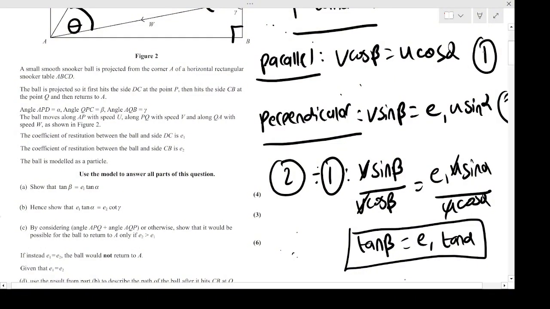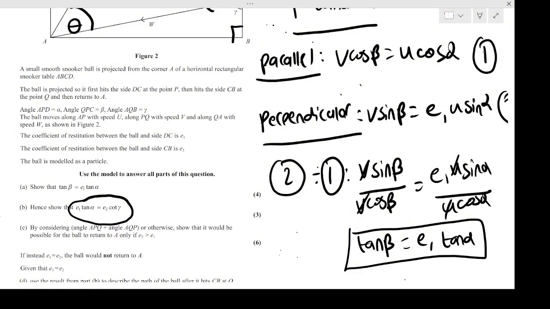Now, how am I going to get that? How am I going to link E2 and E1 together? Well, if I look previously, I've shown this equation here: E1 tan alpha is E2 cot gamma. That involves E2 and E1, and hang on, don't I have an inequality I've just got linking gamma and alpha?